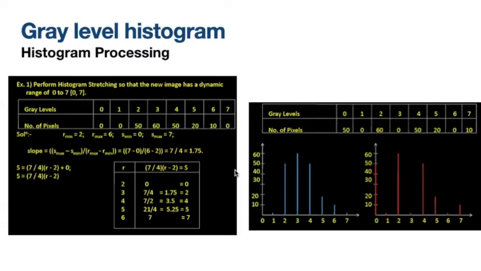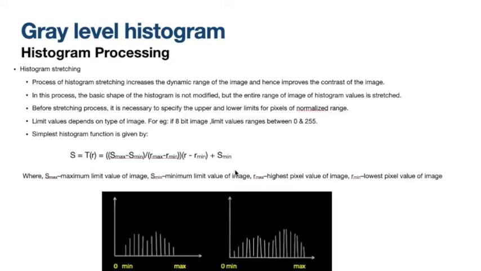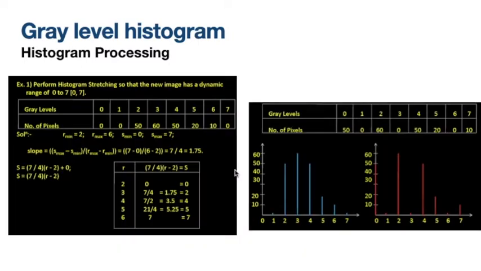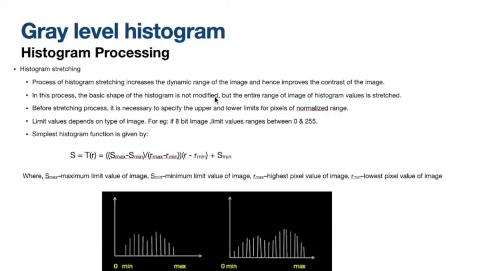Then R min and R max. R min is the lowest pixel value in that image. For this image, gray level 2 has the lowest pixel value.